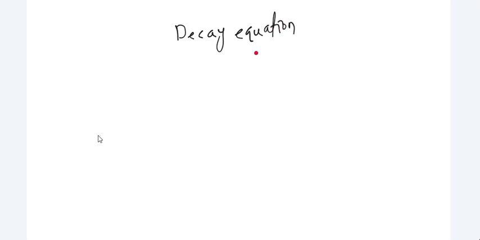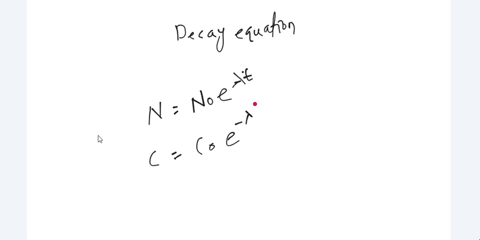the law of radioactivity. C is equal to C0 e to the power minus lambda t. Check once whether that is minus lambda t or lambda t.